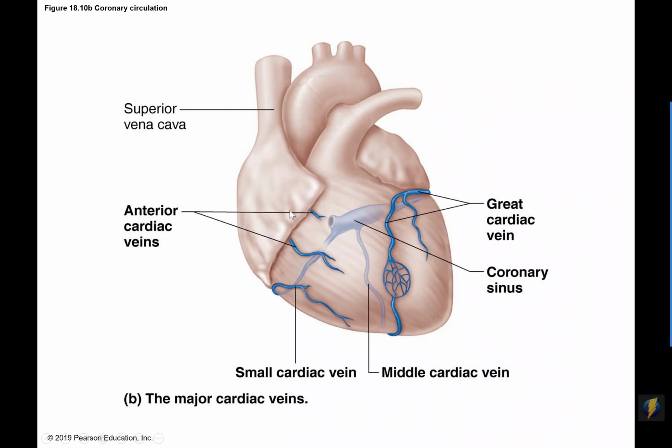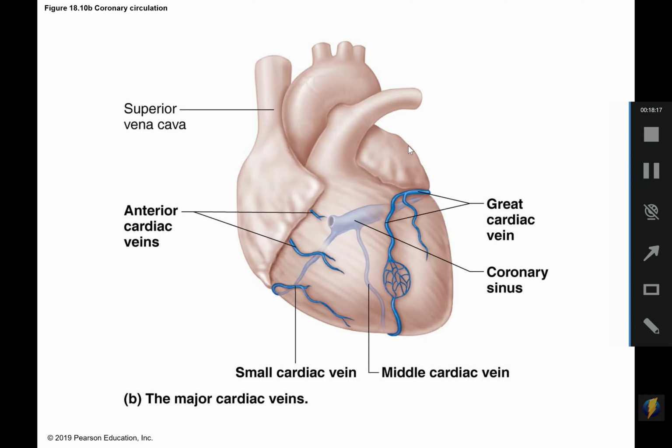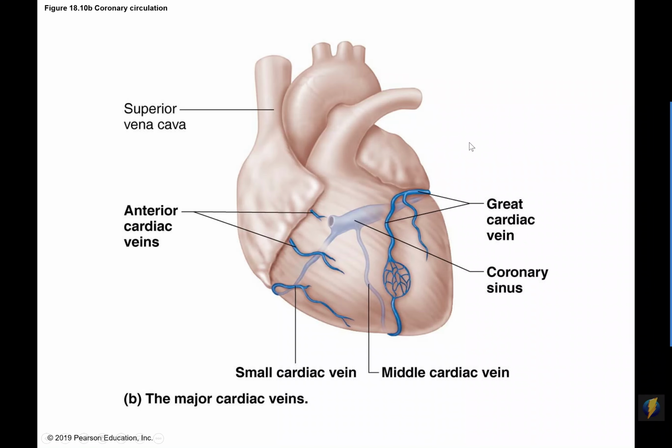The anterior cardiac veins do not do that. They dump their blood directly into the right atrium. So that is our coronary circulation: arterial delivery, venous drainage.